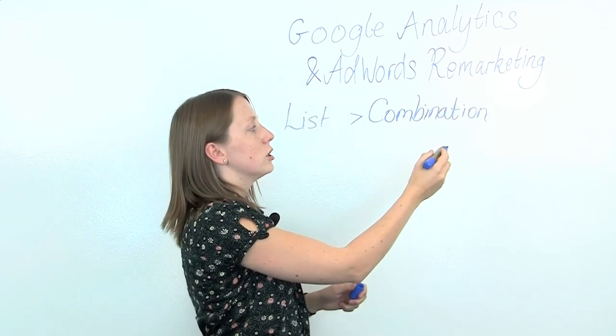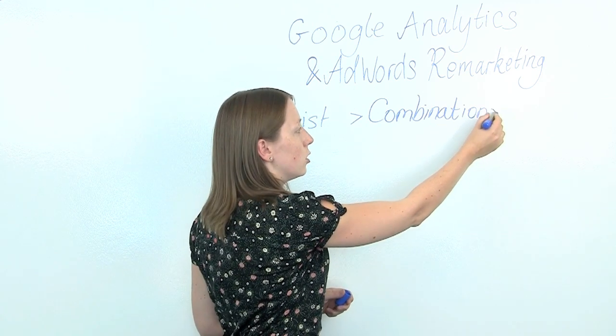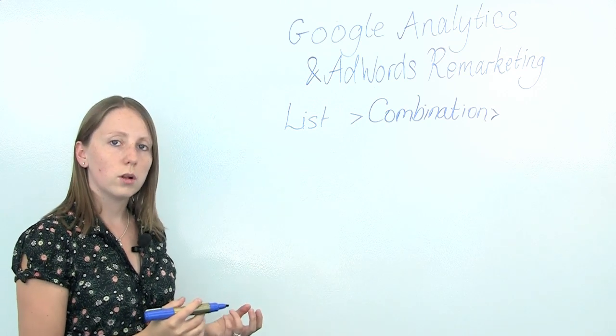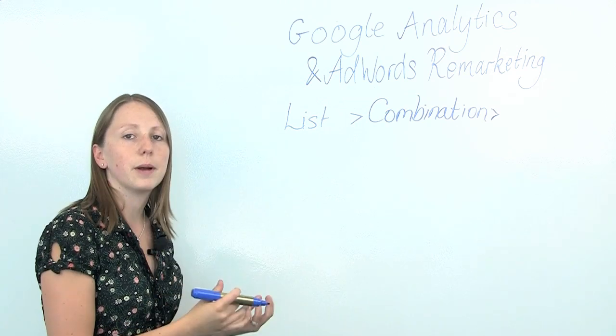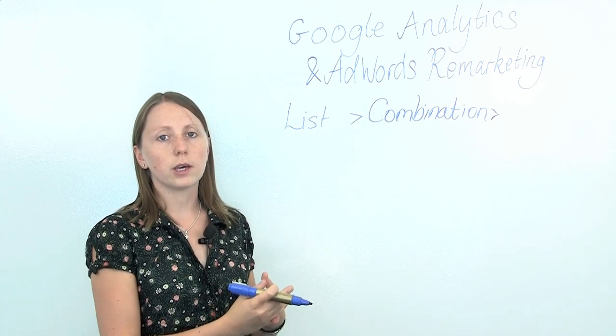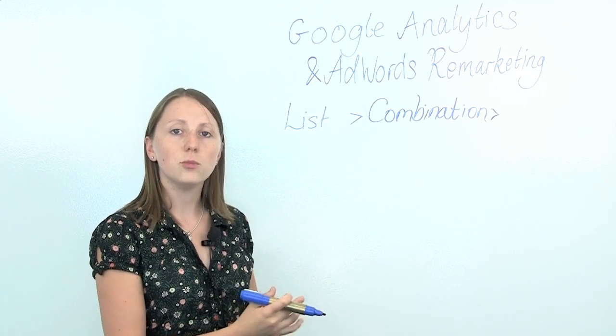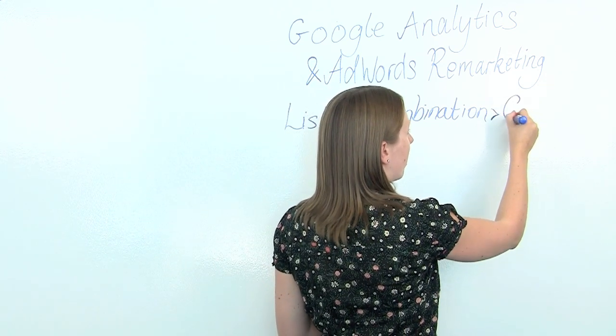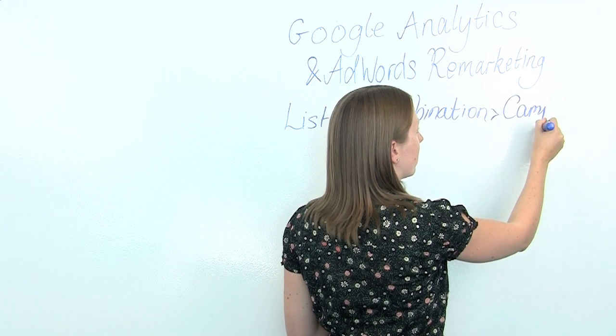Once you've got your combinations in AdWords, you then take that and you start targeting your lists in a campaign. So you can either set up each list to target per campaign, so you might have one campaign for each list, or you might have an ad group per campaign.